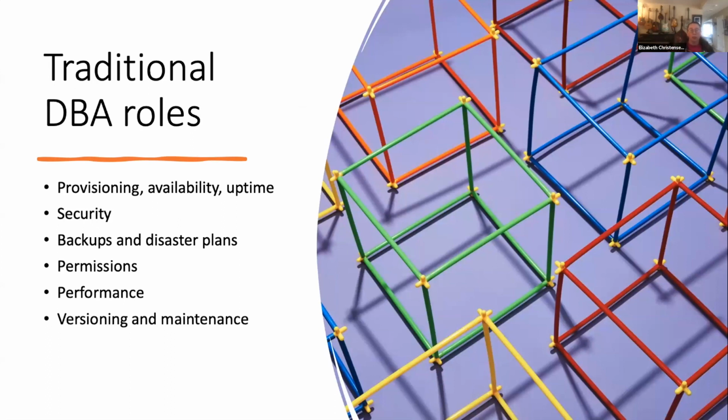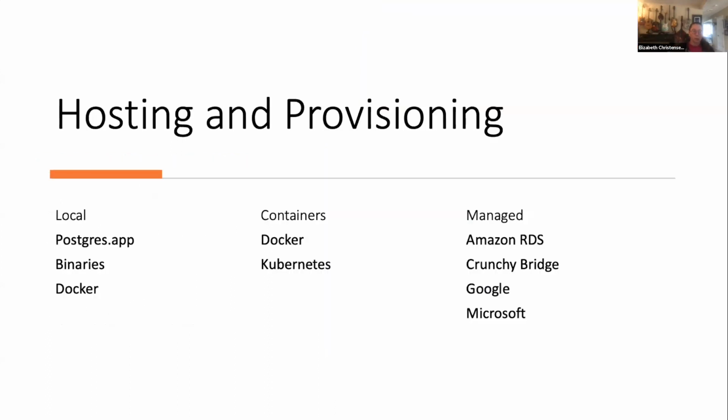Making sure that there are backups and disaster plans that align with your business and what things are needed, handling all the user permissions, making sure that things are fast and performant, and then obviously keeping up with versions and maintenance. I'm going to cover all of these at a high level and just give a really quick introduction and the major things you need to know for each of these topics.